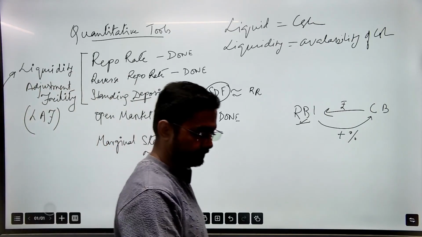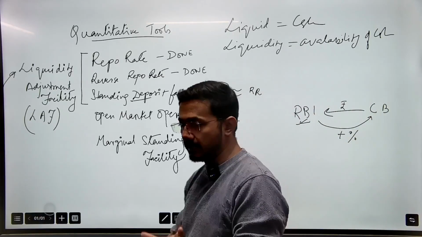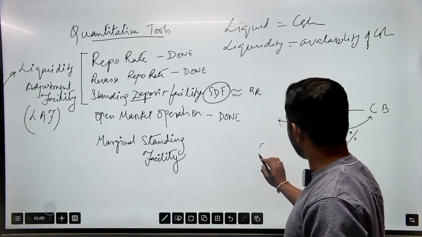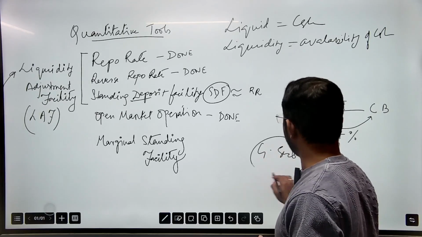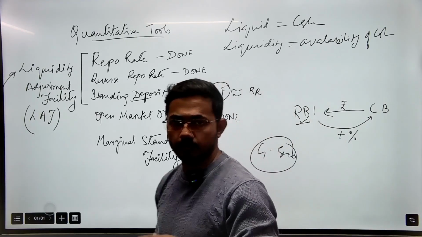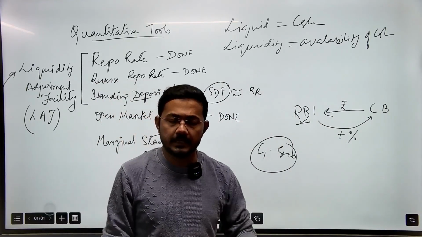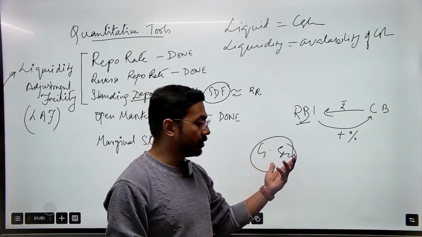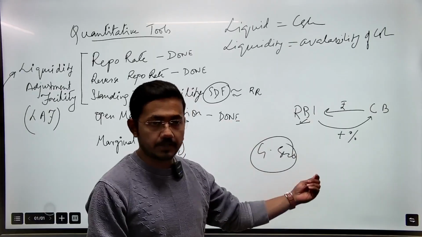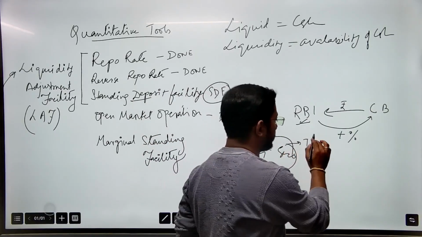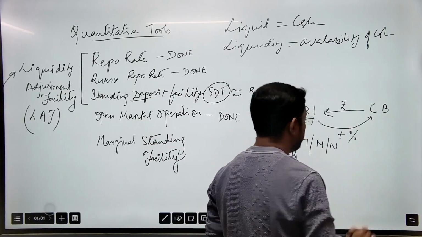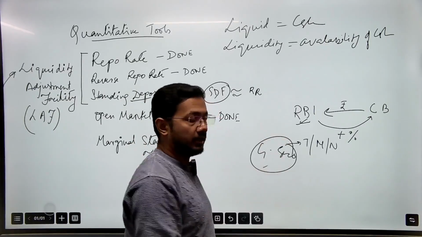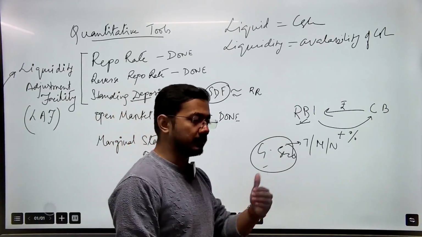LAF corridor. Next, open market operation, which we did in the last lecture. When we talk about government securities, the government issues them to the public or institutions, whether RBI, commercial banks or any other financial institutions, and the government takes money. These government securities are transferable, marketable, and negotiable. So the government securities which the RBI has, it can sell to the commercial banks.